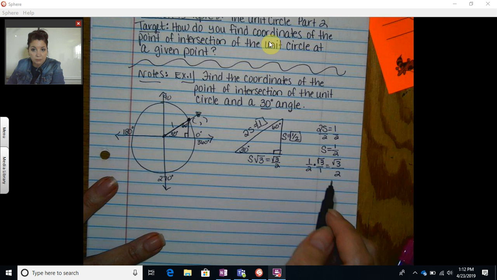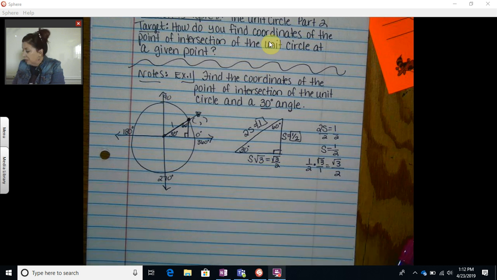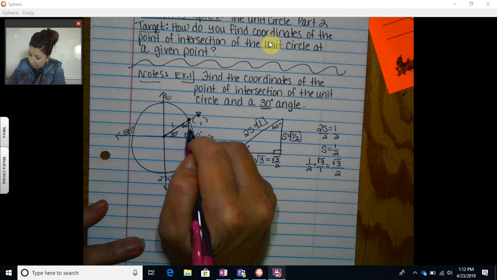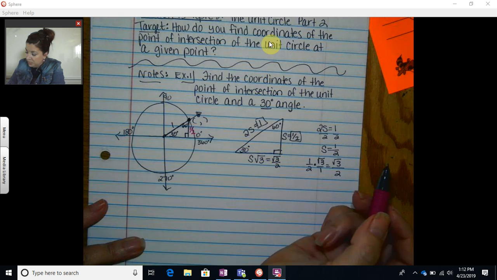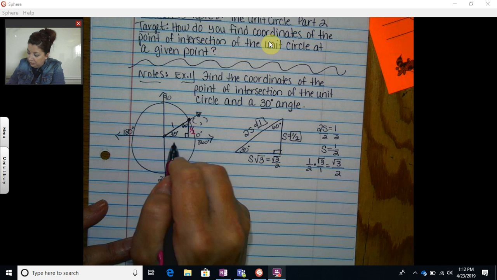Now I'm going to try and go back and write that on my graph. So the short side was 1/2. Hypotenuse is 1, already had that. The middle side, which is across from the 60-degree angle, is the square root of 3 over 2.